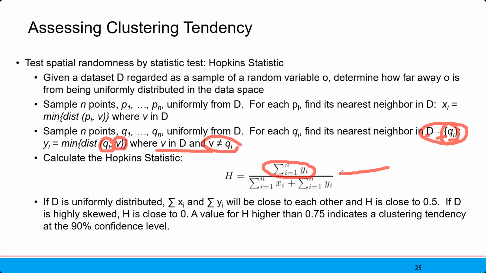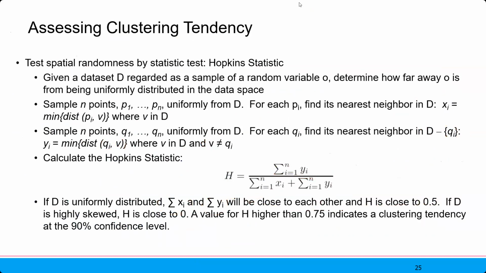So once we have this statistic, which we call the Hopkins statistic, we can use it for a significance test. If D is uniformly distributed, then the sum of xi and the sum of yi will be close to each other, and H is close to 0.5.